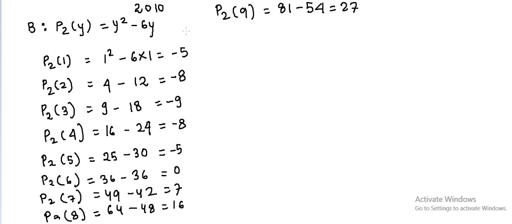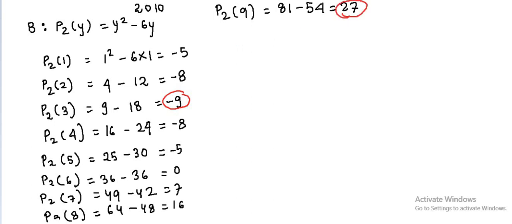So these are the profit values from the first year to the 9th year. Now we have to find the range. How are we going to find it? You have to see where you got the maximum value of P and where you got the minimum. Here the minimum value of P that we have obtained is −9, and the maximum is 27.